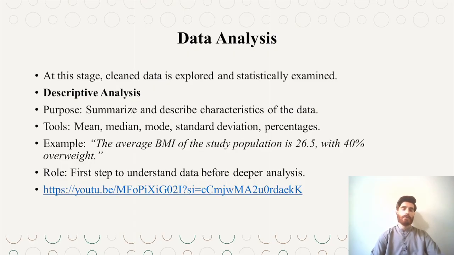First we have to do descriptive analysis. In descriptive analysis, we summarize and describe characteristics of data. We use mean, median, mode, standard deviation, percentages for qualitative and quantitative studies. An example is: the average BMI of a study population is 26.5 with 40% overweight.